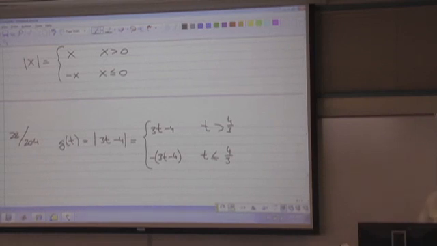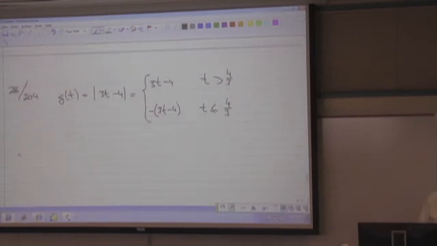And so g prime of t is just going to be 3 if t is bigger than 4/3, and negative 3 if t is less than 4/3. So the problem asked for the critical numbers of the function, and so what would the critical numbers be?